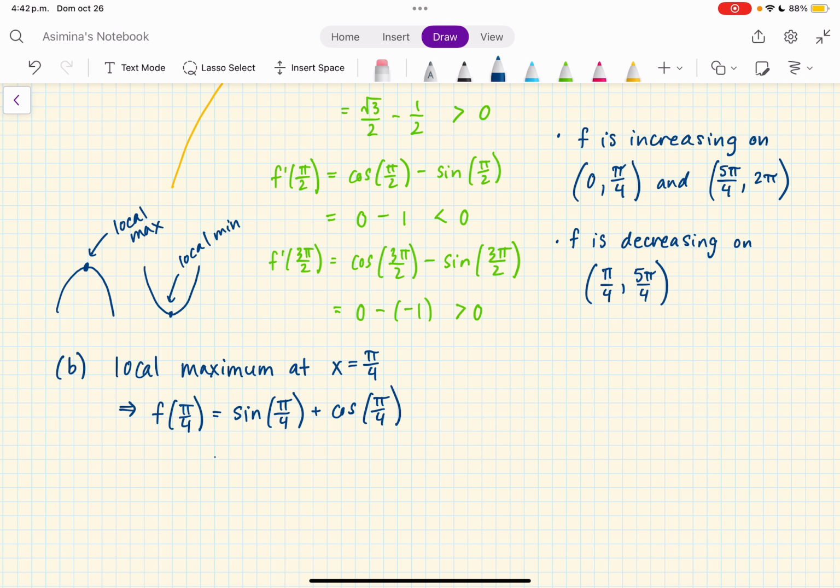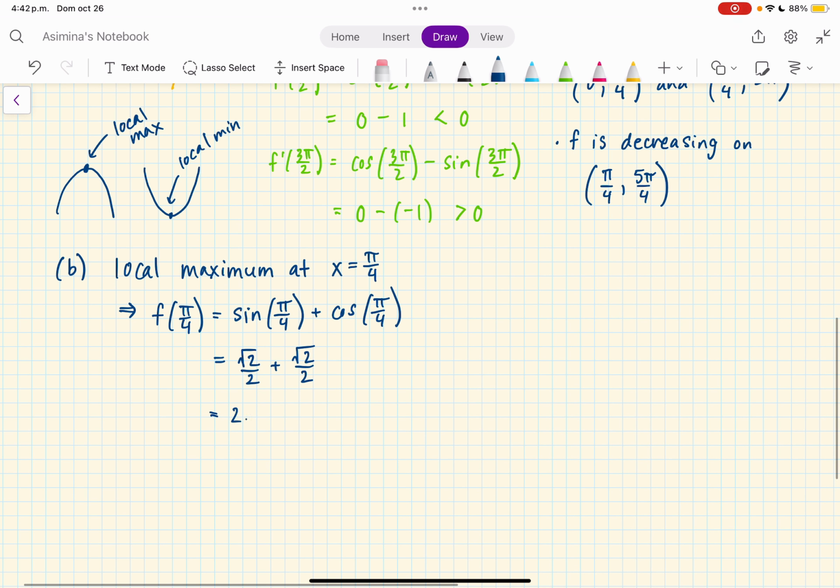So this is equal to, sine of pi over 4 is root 2 over 2. Cosine of pi over 4 is also root 2 over 2. So this is 2 root 2 over 2. And we see these 2's cancel out. So I'm left with root 2.